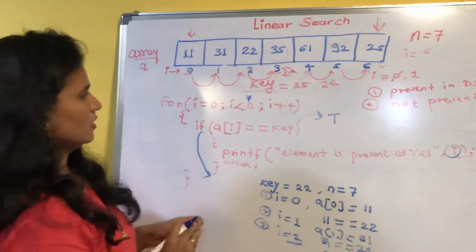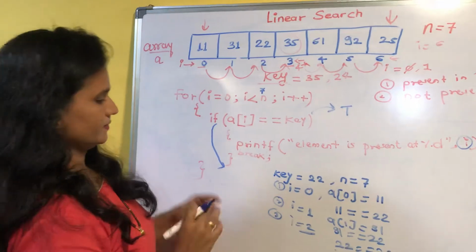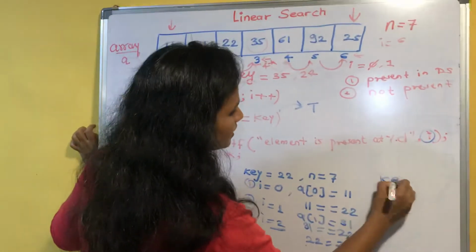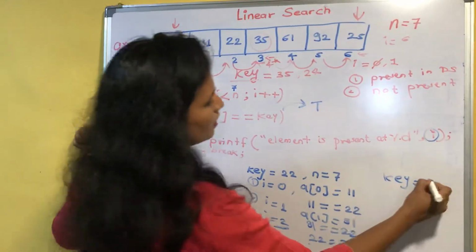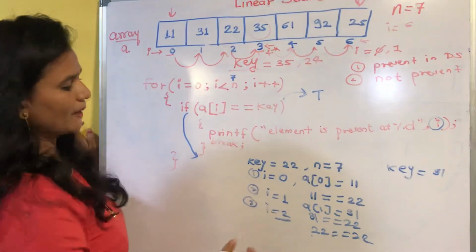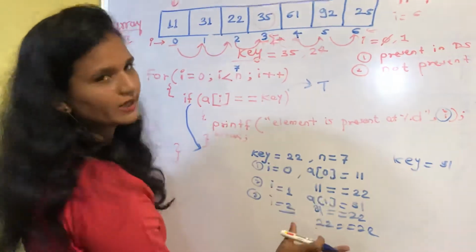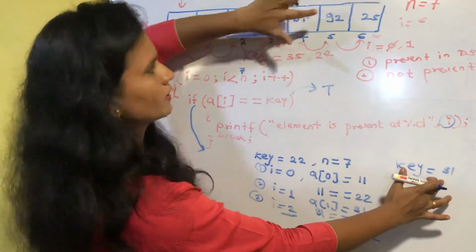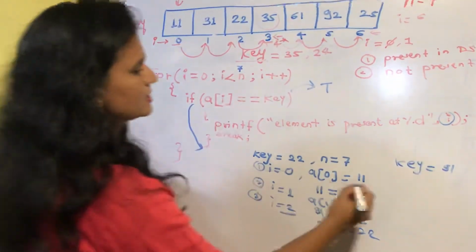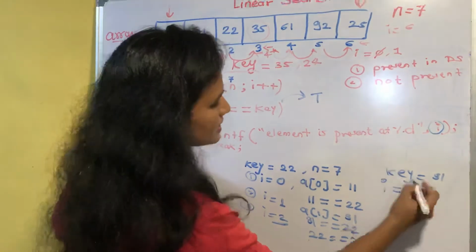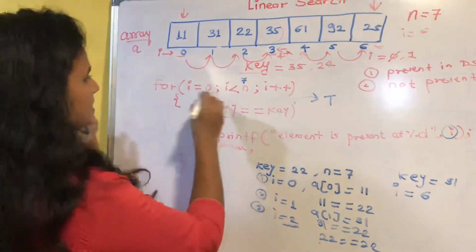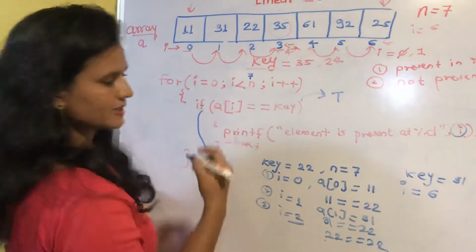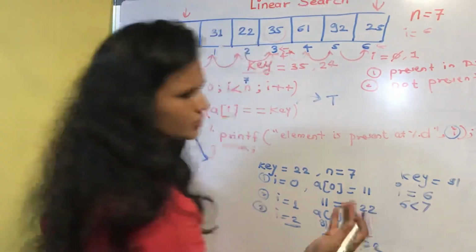If the element is not present, suppose I take key equals 91. Then again it will execute the same way: 91 against 11, 31, 22, 35, 61, 92, 25. At the last, the value of i is 6. Okay, 6 is less than 7, the condition is true.